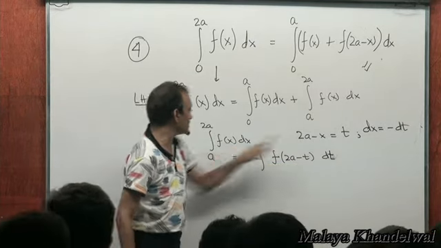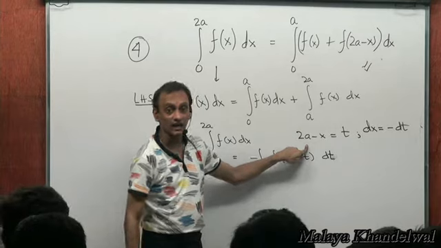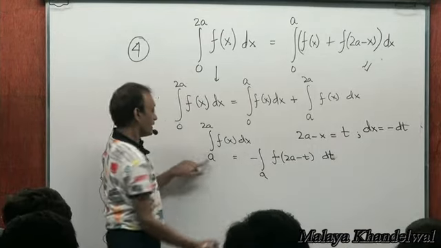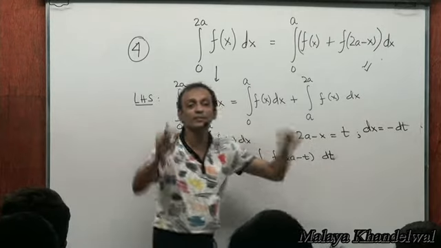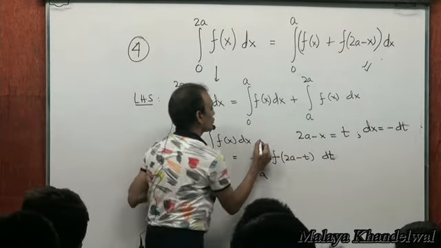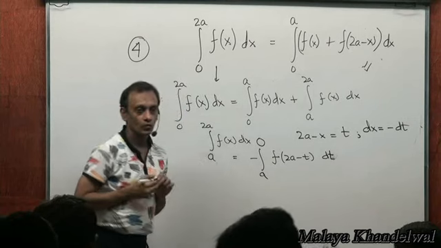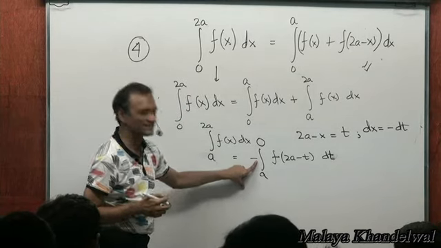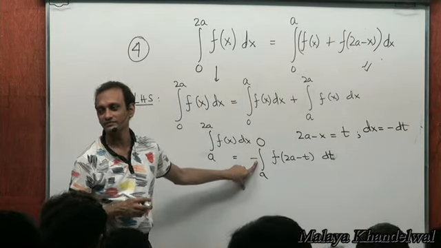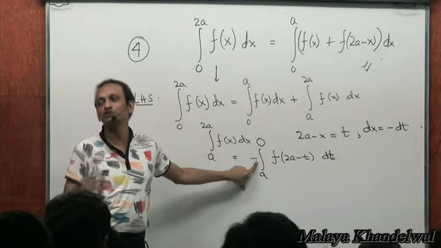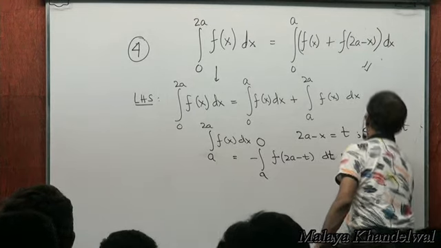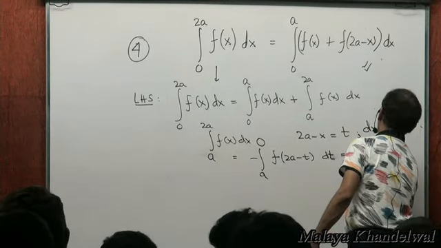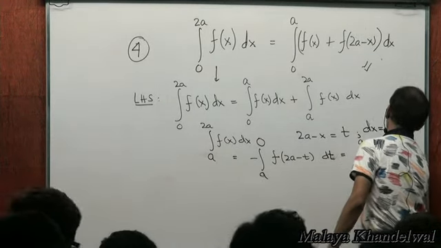So when x is a, t is a. When x is 2a, t will be 0. Why is this minus sitting there? What should it be doing? It should swap the limits. So 0 to a, f of 2a minus t dt.